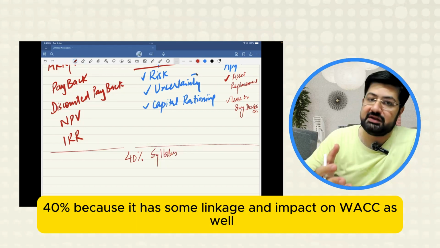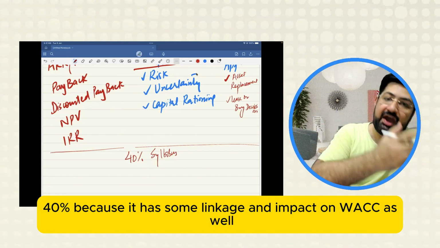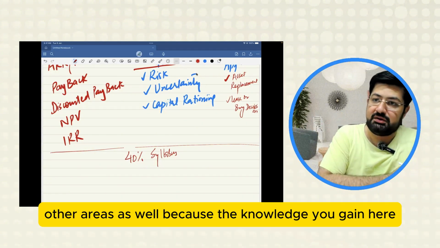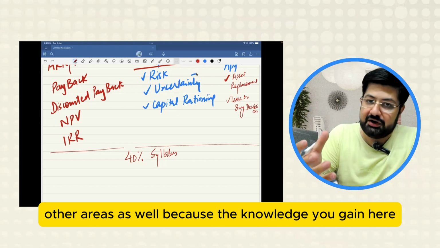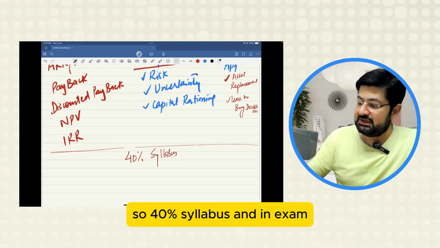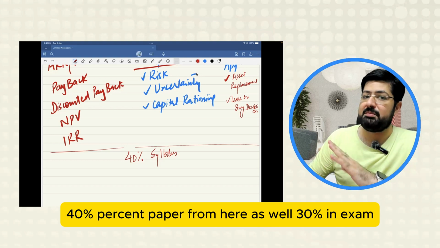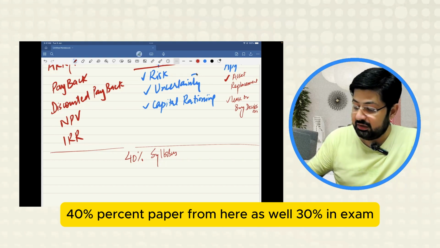How 40%? Because it has some linkage and impact on WACC as well, and other areas as well. Because the knowledge you gain here, the concepts you get here, will be utilized over there as well.